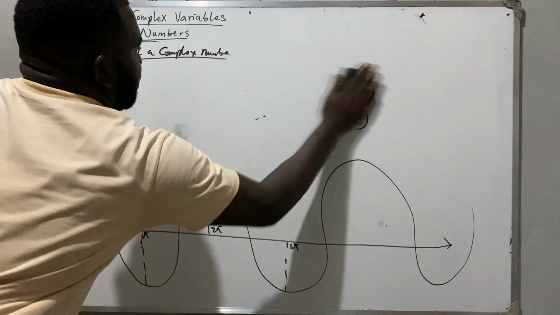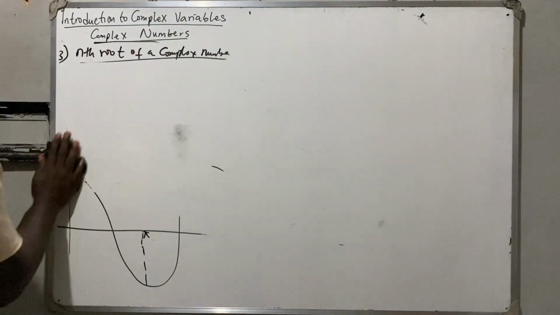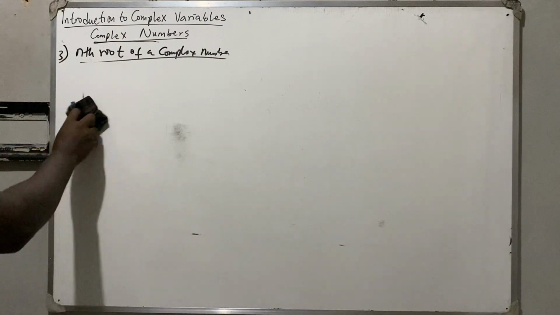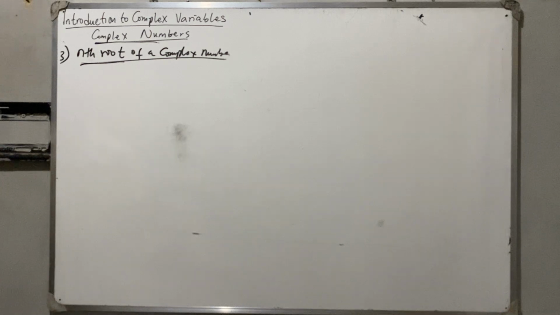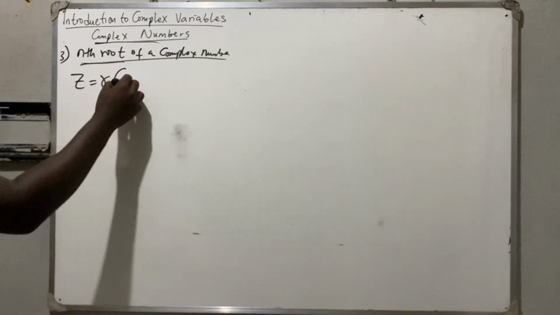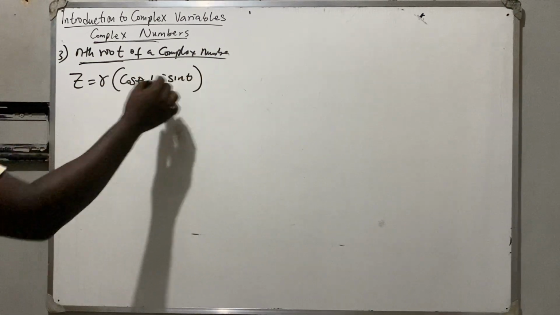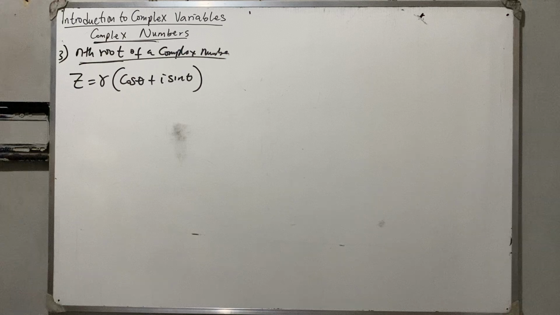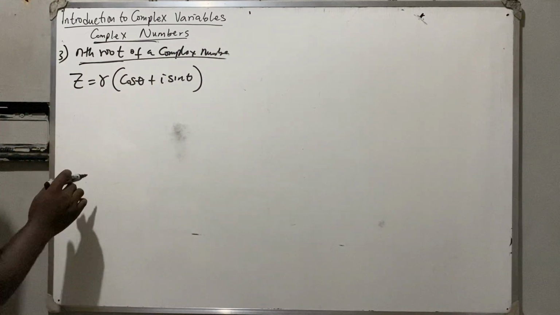Now remember, let's go back to de Moivre's theorem, because this is an application of it. We want to get the nth root of a complex number. In de Moivre's theorem, z is equal to r in bracket of cos theta plus i sine theta. So now let us express sine and cos in periodic form.